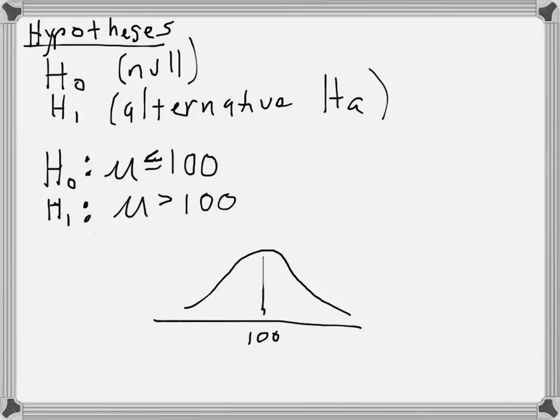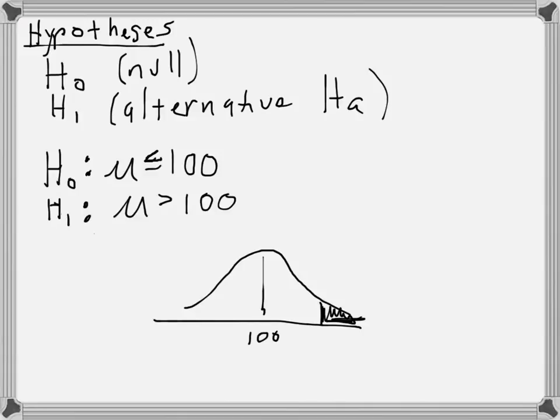We're going to assume, again, when we do hypothesis testing, that the actual mean or proportion under the null hypothesis is true. So the idea is we're going to assume that the average IQ score at our school is 100 until we have enough evidence to suggest otherwise.